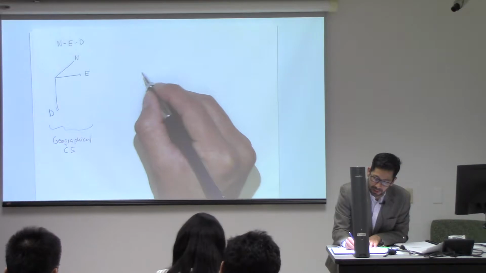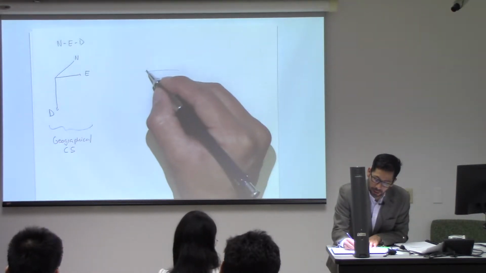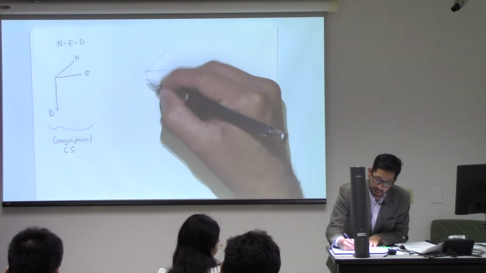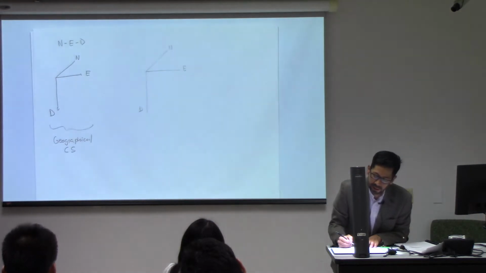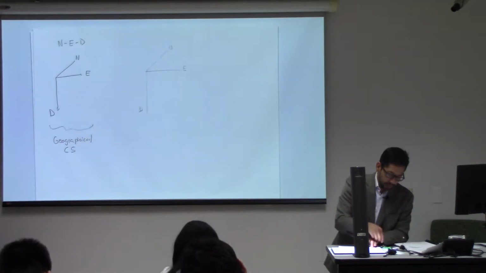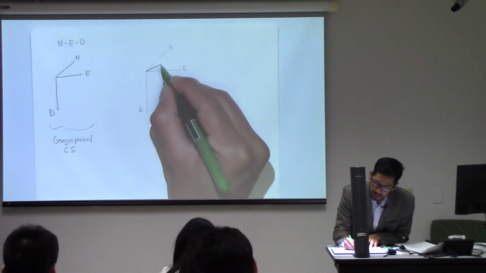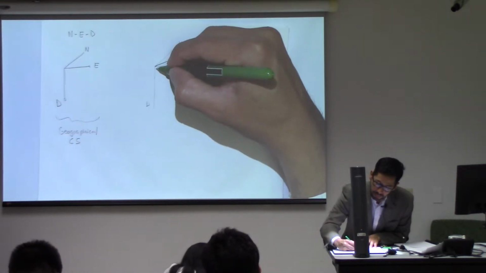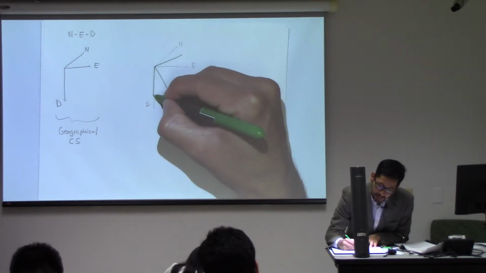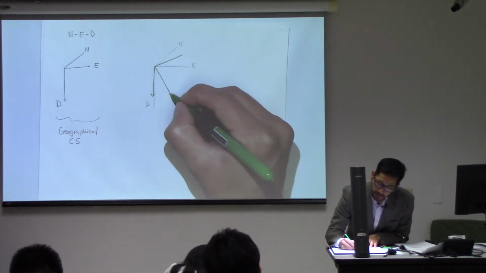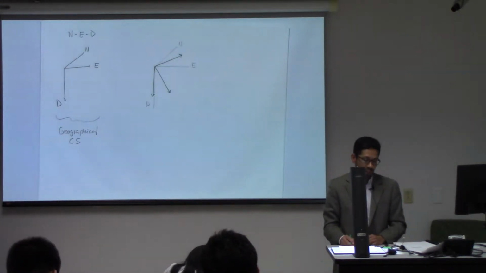So let's imagine a simple case. I'm going to write here the same coordinate system that we had before, NED, but let's say that our maximum principal stress is at an angle from the north. And just for simplicity, let's assume that one of the principal stresses is still vertical.